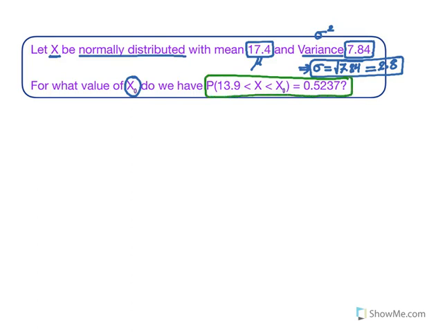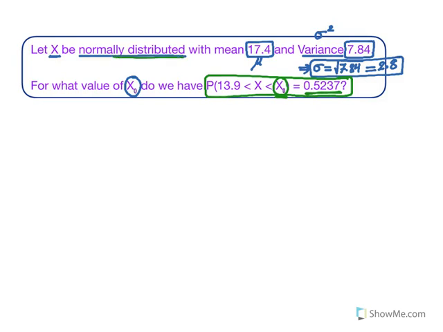So the probability that x is between 13.9 and x0 is 0.5237. So we want to find the right data value x0 that we put here, so that the probability becomes 0.5237.